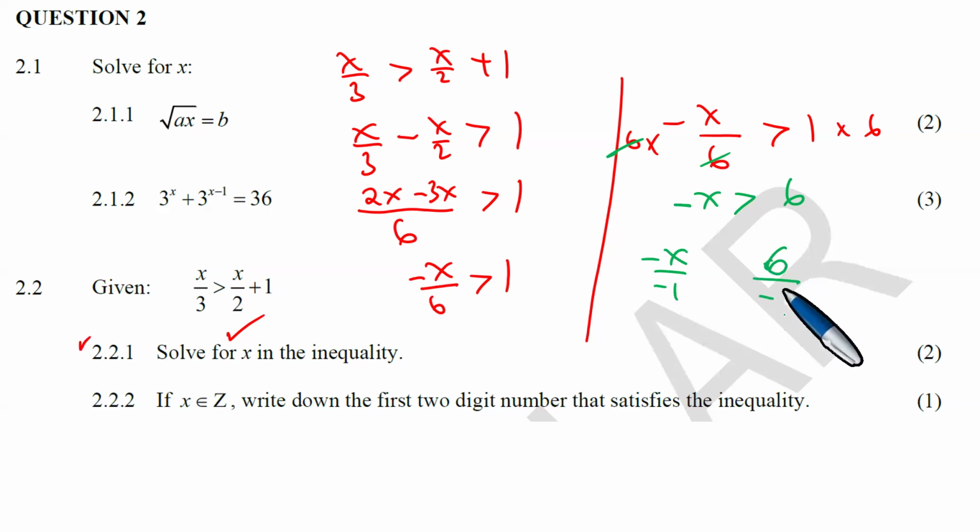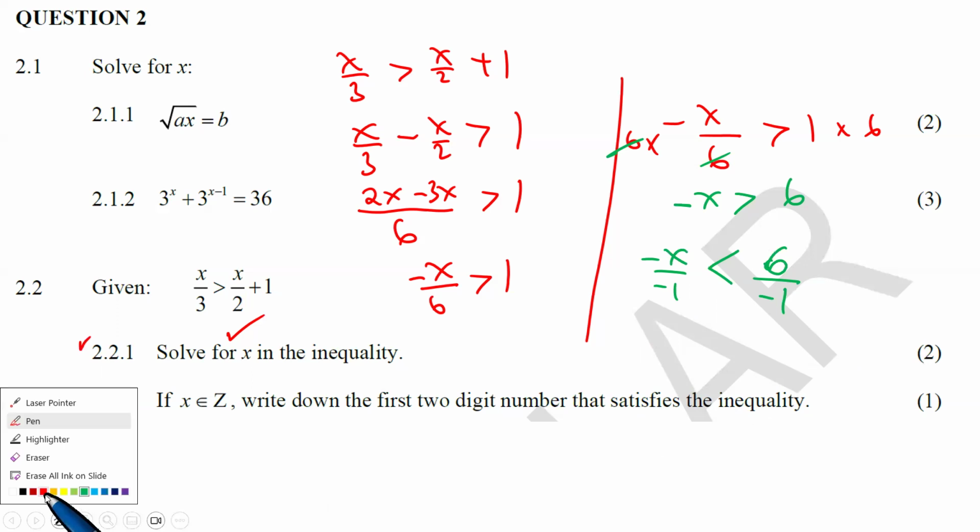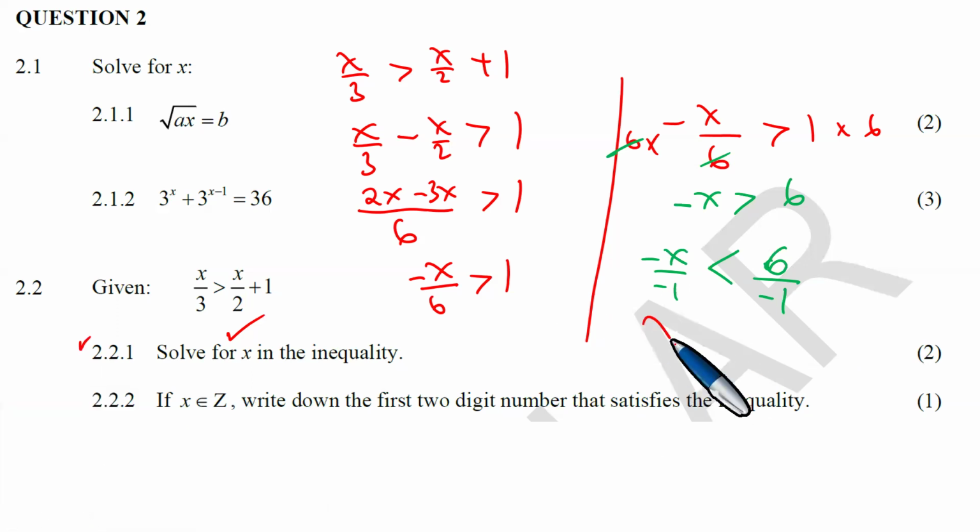If you divide by a negative number, the inequality always changes direction. And then we have x is less than -6. This is the answer.